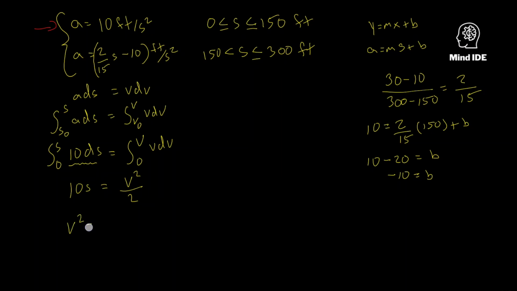So v squared is 20s, therefore v is the square root of 20s.